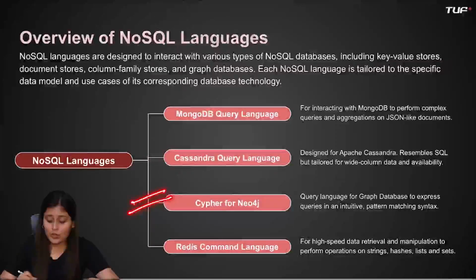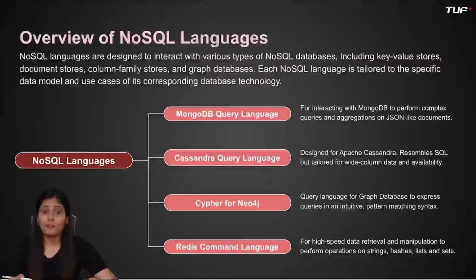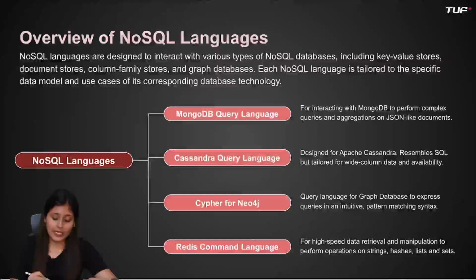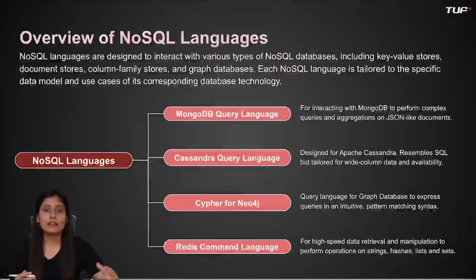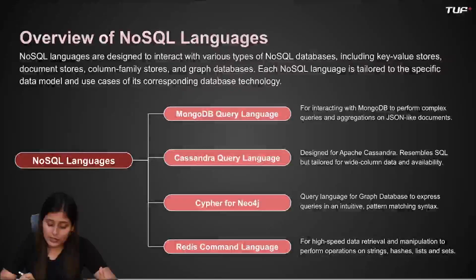Next is Cypher. Cypher is a type of query language which we use to retrieve data from graph type of database. So when we have stored our complex relationships of data in a graph type of database, then we need Cypher for Neo4j. Basically we need the Cypher query language to retrieve the data from the graph database. Next is Redis command language, and this we need for high speed data retrieval and manipulation.